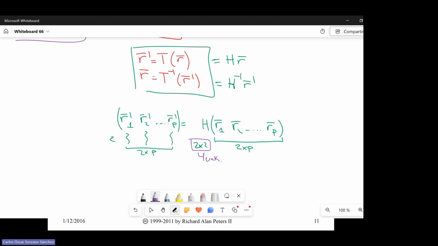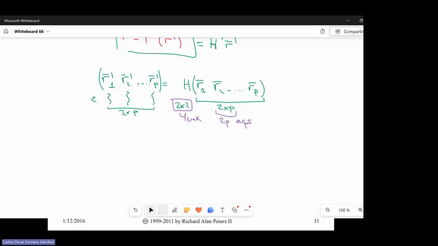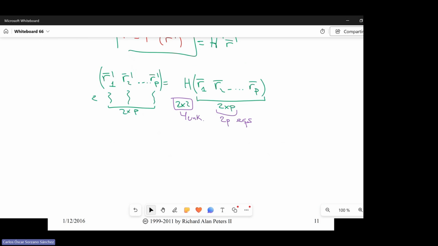How many equations do we have? For every x and y, we have an equation. So we have 2P equations. So in general, you will have more equations than unknowns. As long as you have more than 2 points, you will have more equations than unknowns. Then you know that we cannot solve these in an exact way. So you have to approximate, because in general, there will not be any solution.